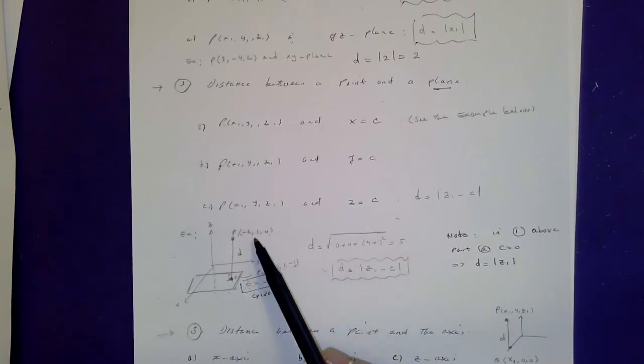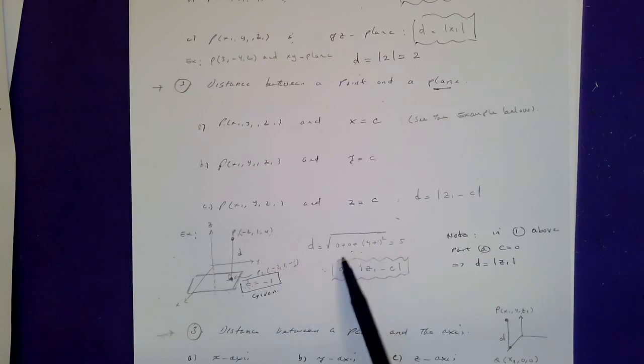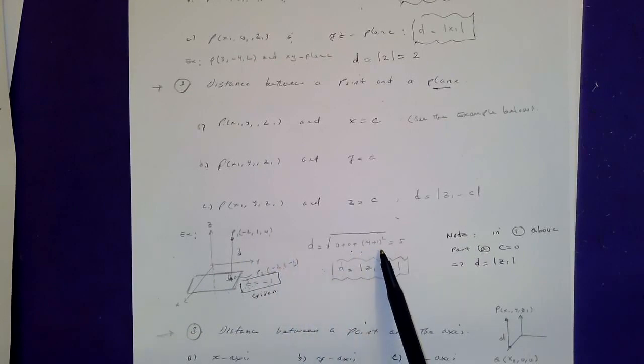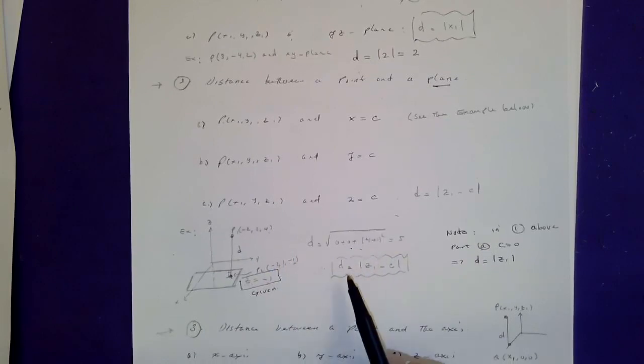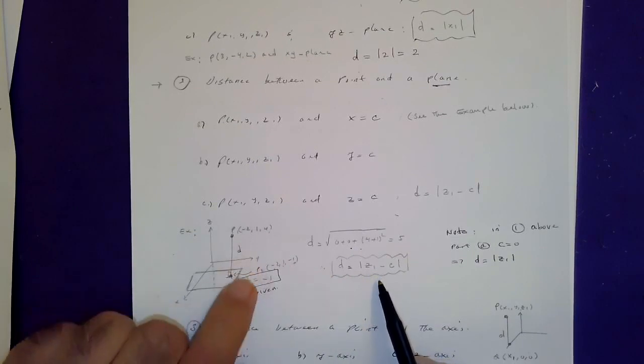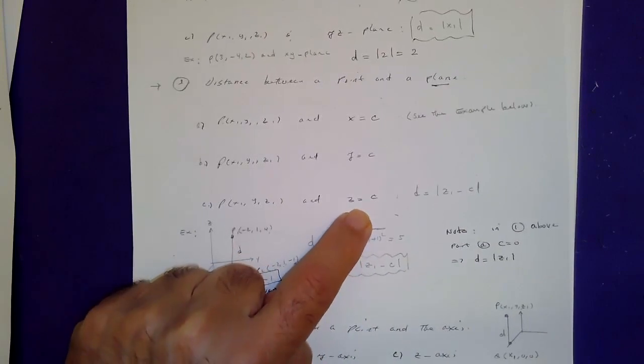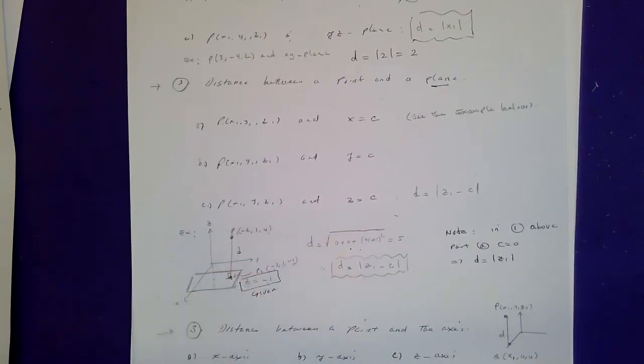So anyways, if you use the distance formula, the X's disappear, the Y's disappear, -2, 1, -1, but you only get the difference of the Z's. So the final answer is what? The distance would always be the absolute value of the Z component minus the value of the equation of the plane.